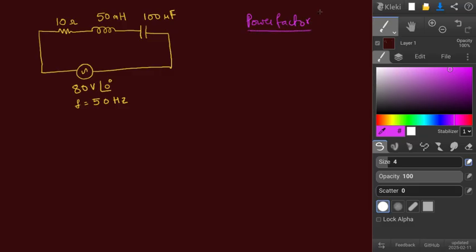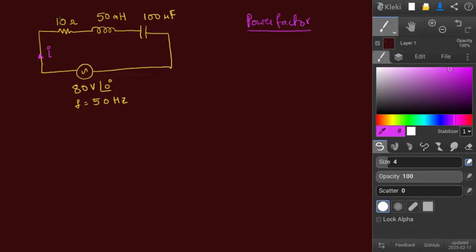So what are the steps? Let's say the question is to find out the current. For finding the current, you will find out the impedance. So how do you find the impedance?